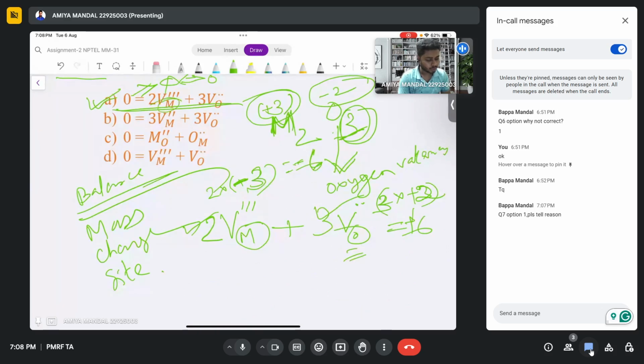Site is also balanced here. Mass is also balanced here. Have you understood, any problem?